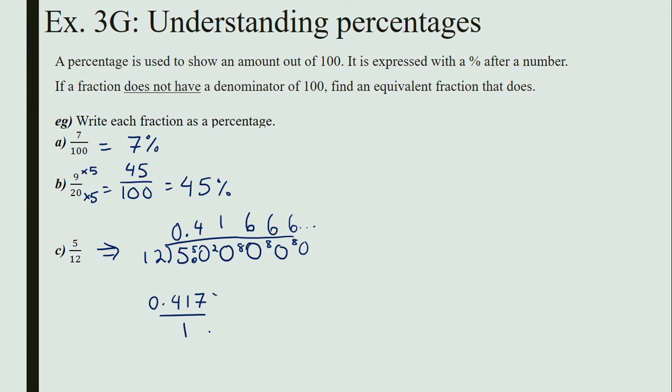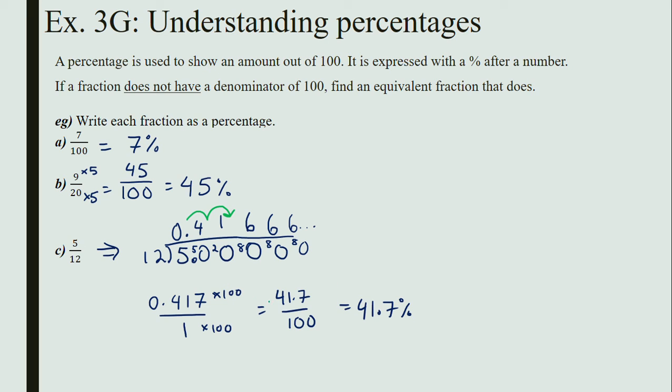If we multiply the bottom by 100 to make it 100, and the top by 100, what we end up with is 41.7 out of 100, or 41.7%, okay? Which is the same, effectively, as just moving the decimal point over twice, okay?